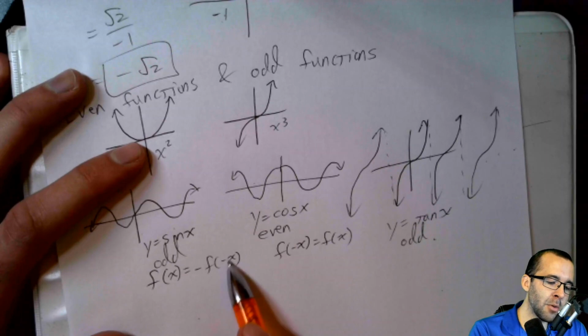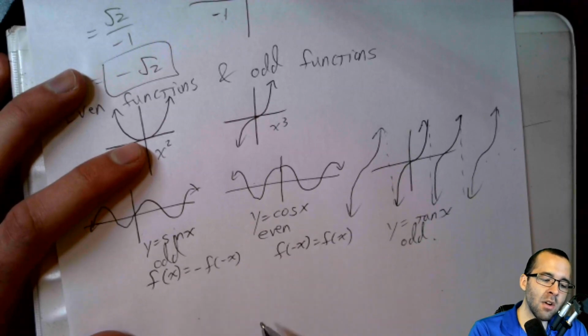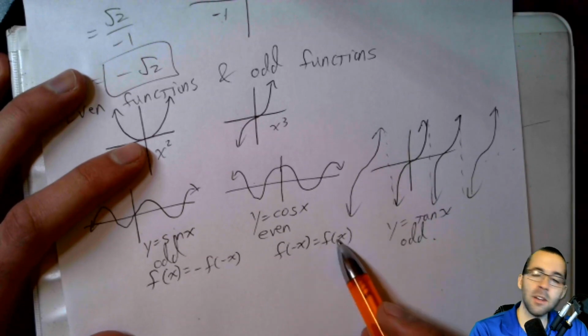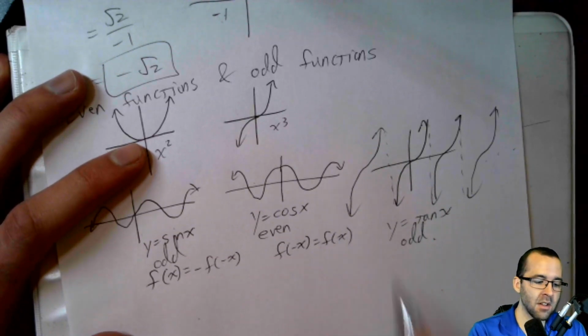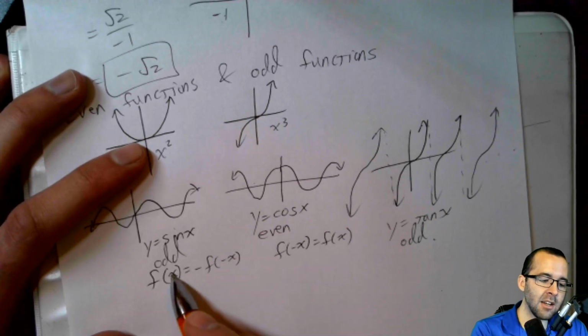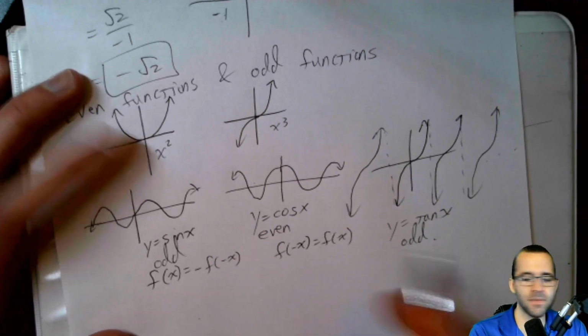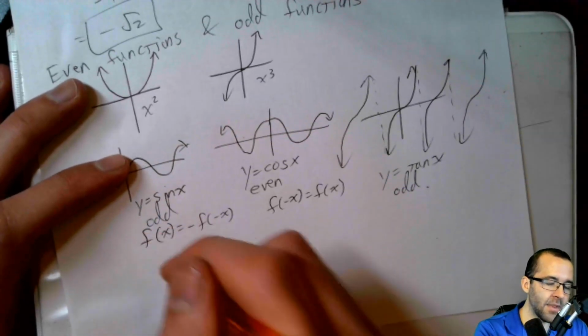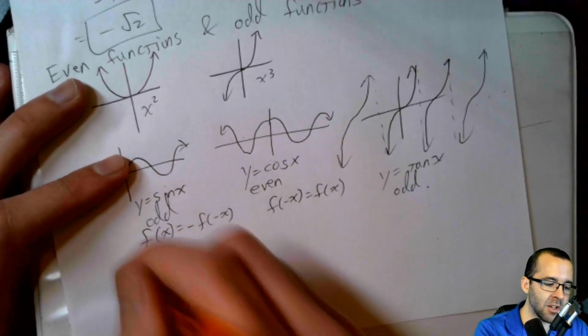If we put in a negative x, we get a negative f. Here, if we put in a negative x, we get the positive f. In fact, a lot of times you'll actually see this negative over here. They're equivalent definitions though. So anyway, we're going to talk about how this works for trig functions.